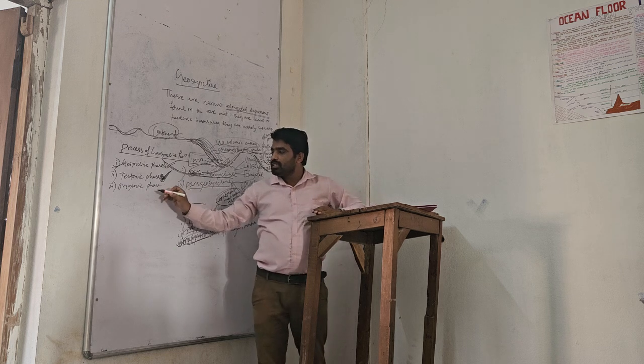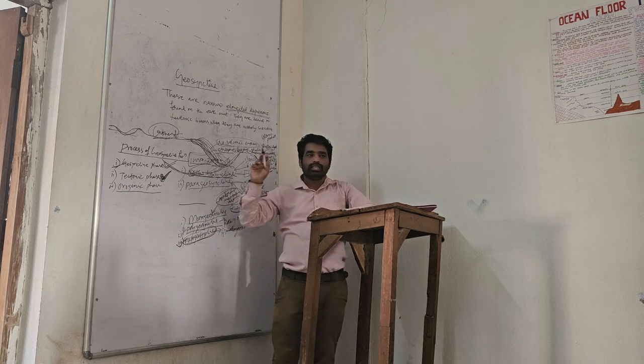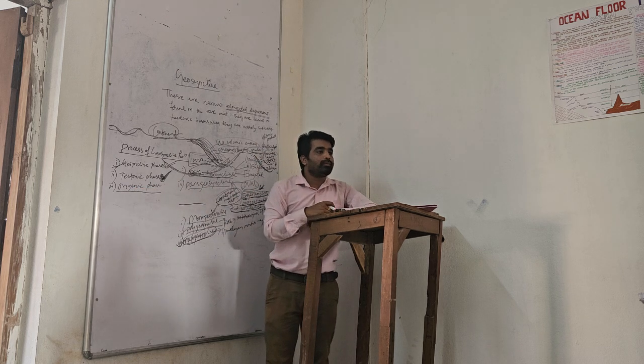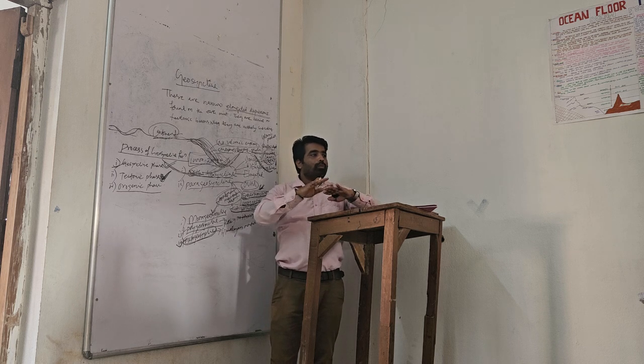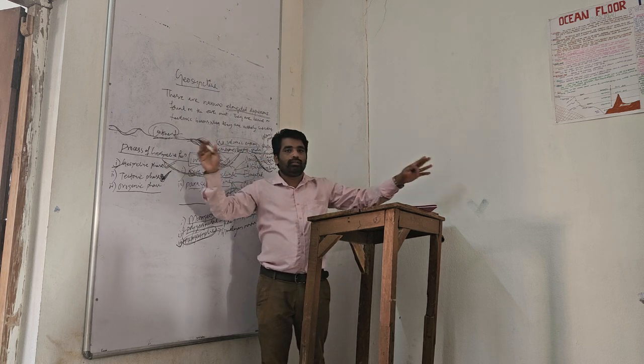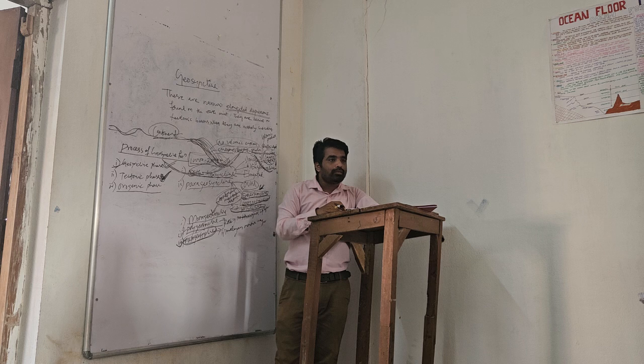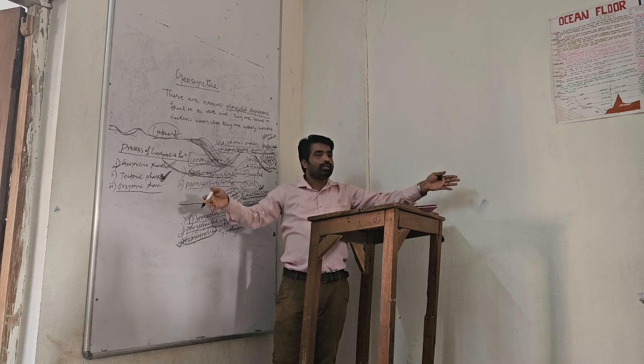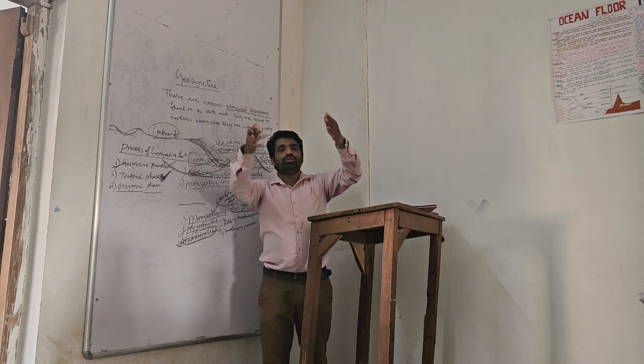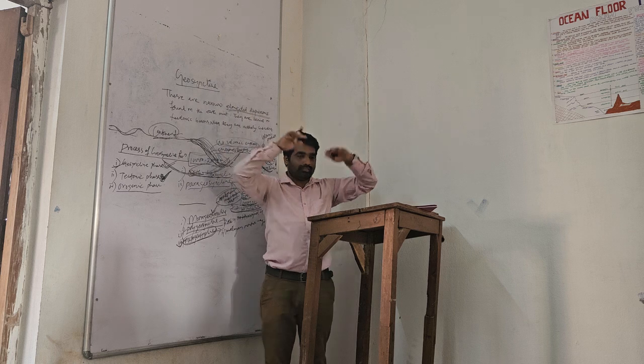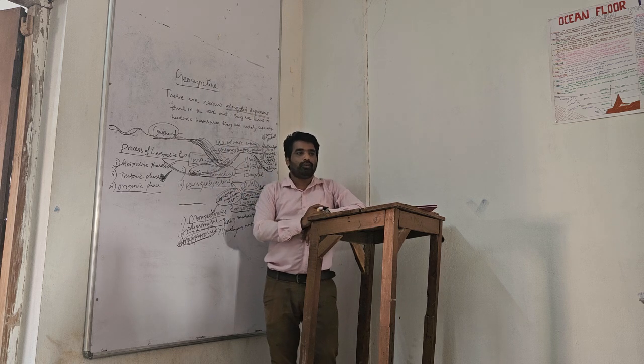And the final one is what? Orogenic phase. Orogenic phase means there is the complete formation of a mountain. Now the depressed region turns into a mountainous region or mountainous area.